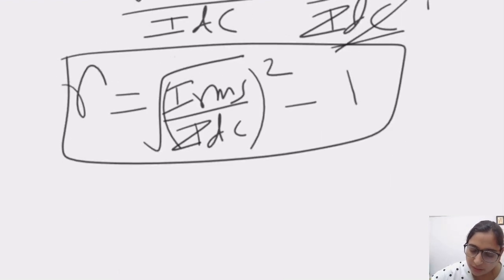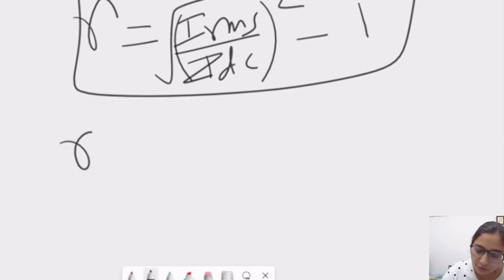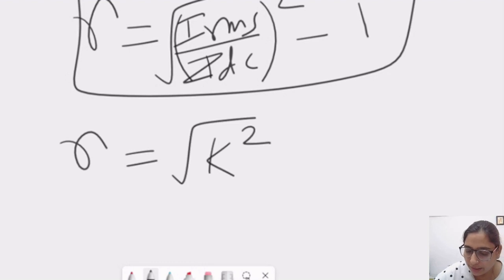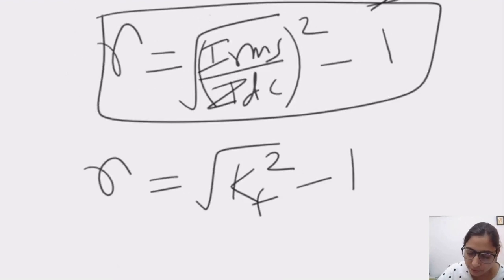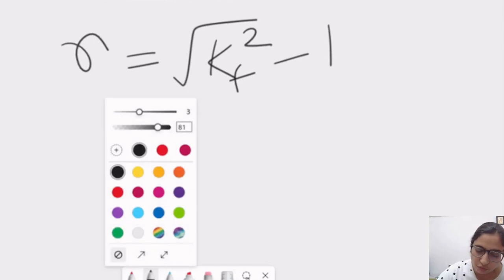Now we know that the ratio of IRMS over IDC is nothing but the form factor, which is Kf. So this is nothing but under root Kf square minus 1. So this is our ripple factor formula. Now the value of Kf we already calculated is 1.11 in the case of a full wave rectifier.